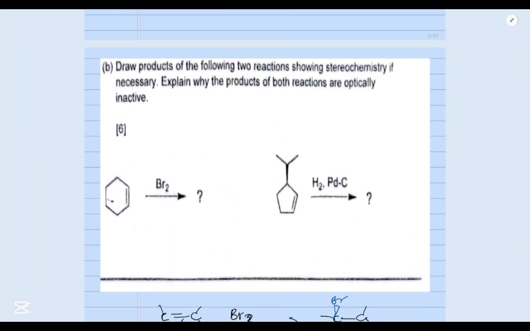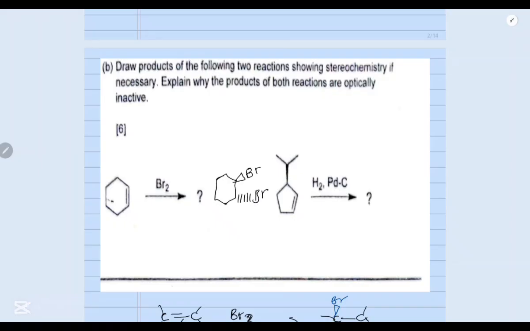So we expect our answer here to have two bromines added in opposite positions, meaning the first one will be added here, and the second one will be added on another carbon like that.